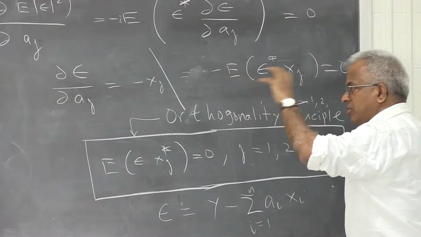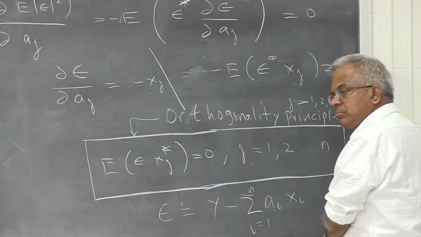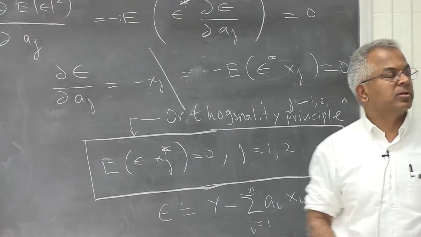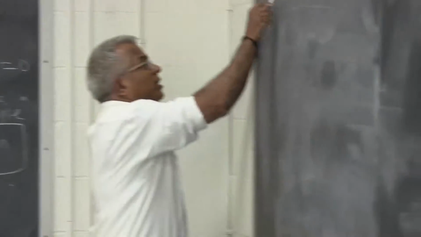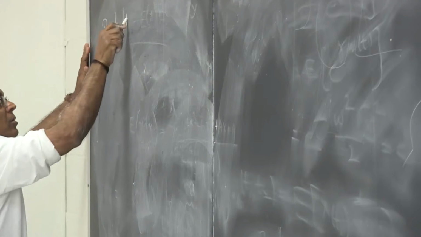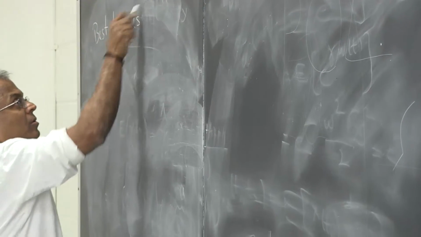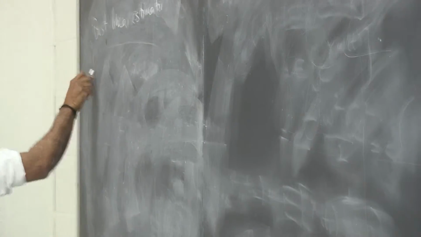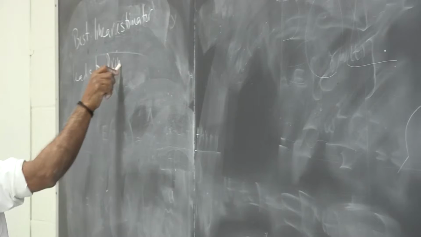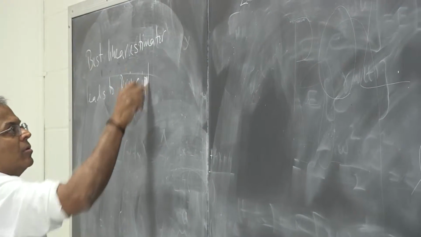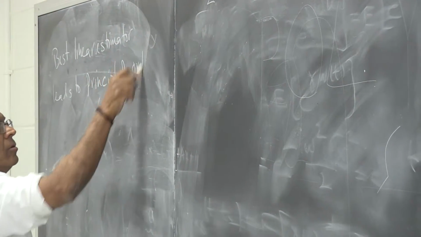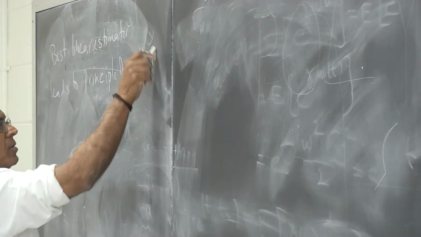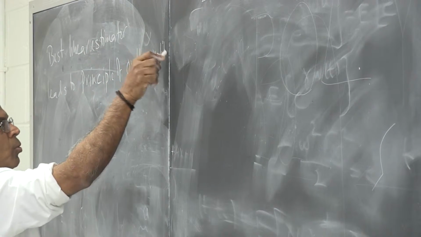The best linear estimator leads to the principle of orthogonality. Orthogonality between what?